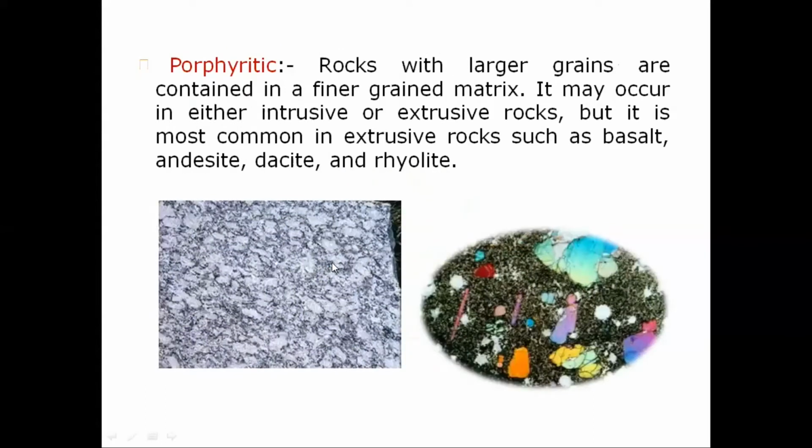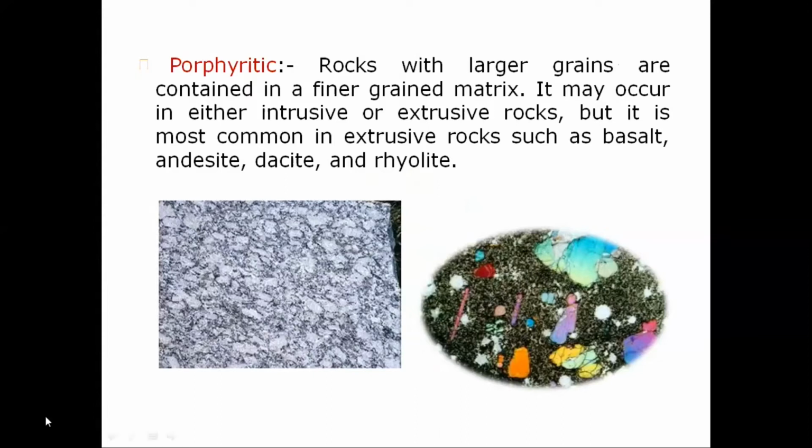Then comes the porphyritic texture. Porphyritic texture, if you guys remember from the igneous classes, is where large crystals are found in a fine grained matrix, and it can occur in intrusive as well as extrusive rocks. And in extrusive rocks, we have the pieces of already existing rocks.